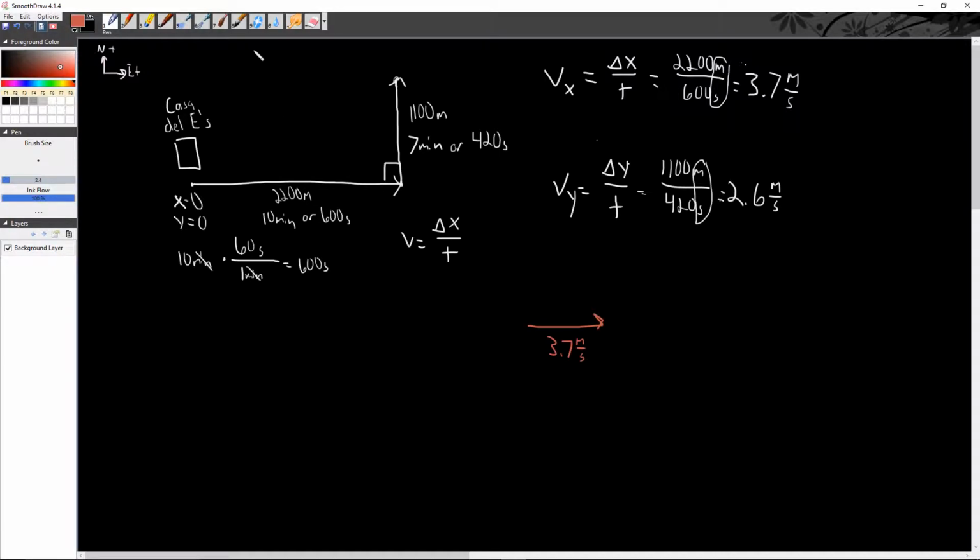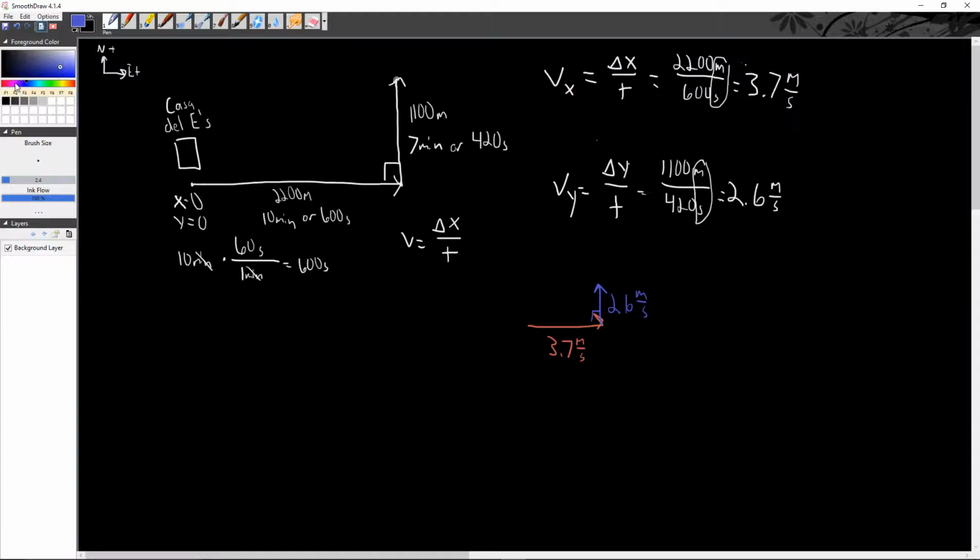So now when I go through to do my y value, and we're gonna go blue for this one. The y value we said was 2.6 meters per second. So after I got done with my x part, I then did a 90-degree turn, and my y value here was 2.6 meters per second.